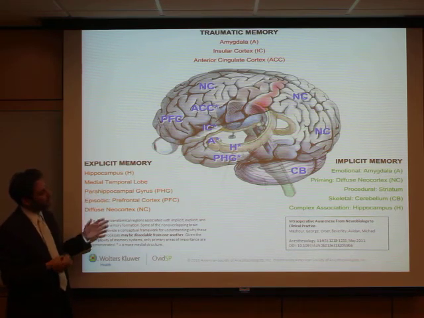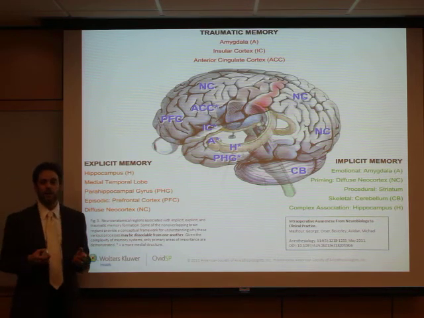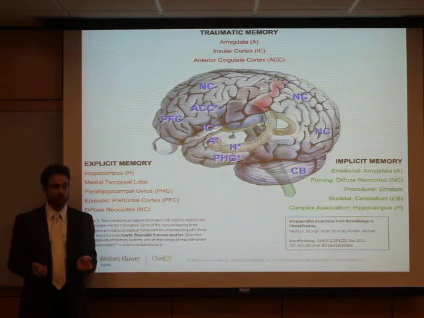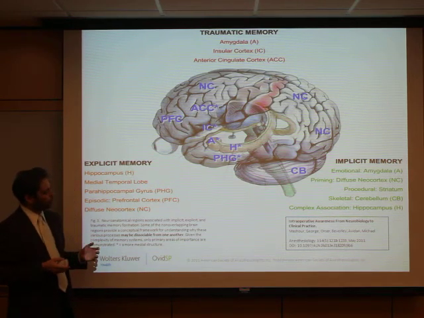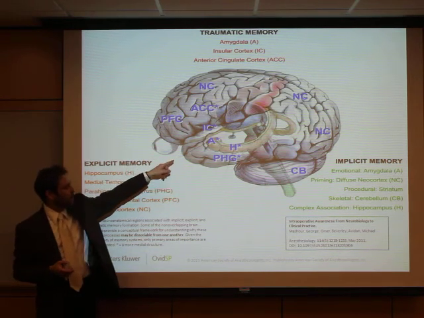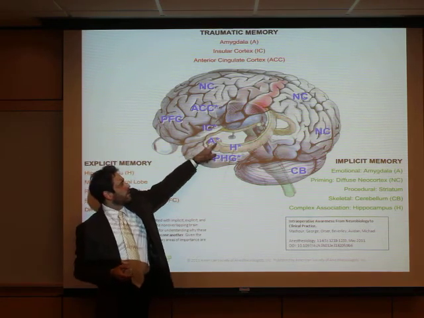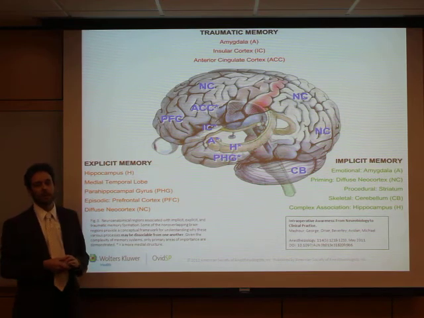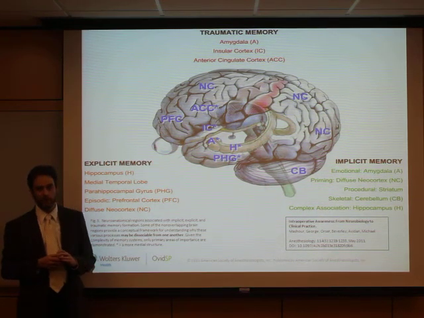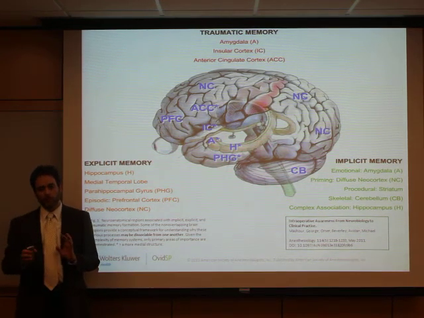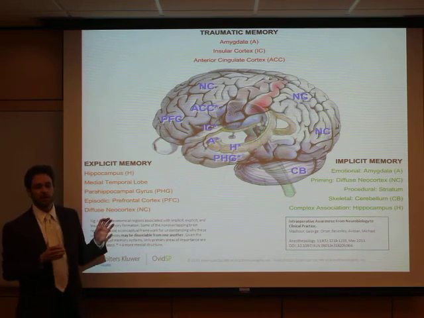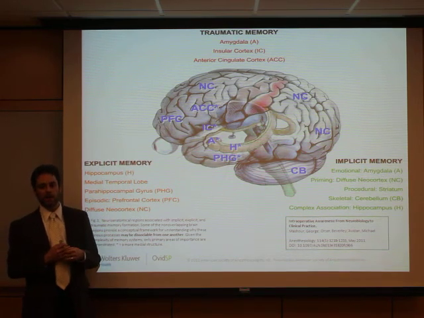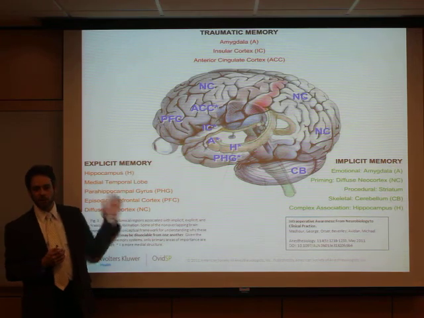With traumatic memory and implicit memory, there are other brain areas involved. Importantly, the amygdala, which sits here at the end of the hippocampus, is probably involved in emotional and traumatic memory. One of the important points here is that these memories are probably dissociable from each other.